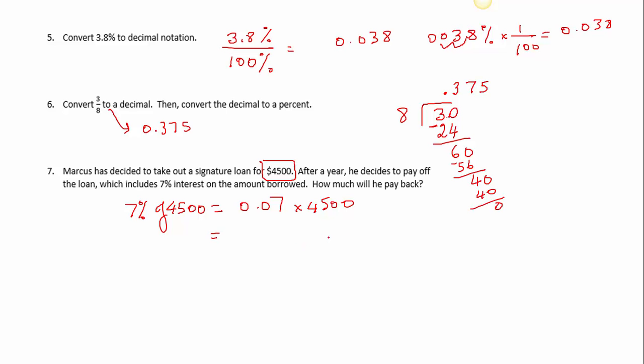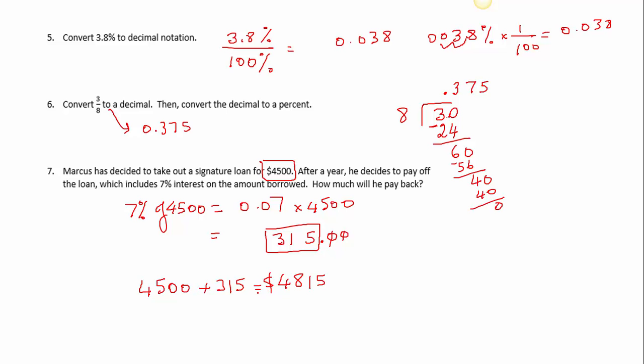So this would be 0, 0, 7 times 5, 35, 7 times 4, 28, 28 and 3, 31. Since we have two decimals, we're going to put a 0 here and cancel those. So we have to pay 315 in interest. So if you want to pay off the loan, he has to pay 4,500 plus 315, which is 4,815.